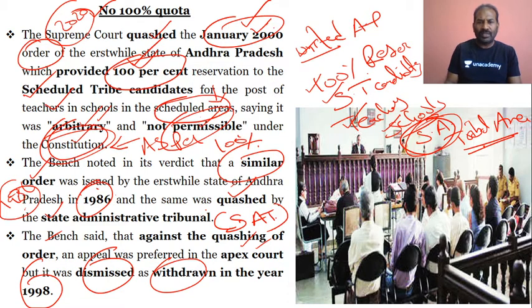So what is important for us is the chronological order: 1986, 1988, sorry, 1999. I'm extremely sorry, 1998.